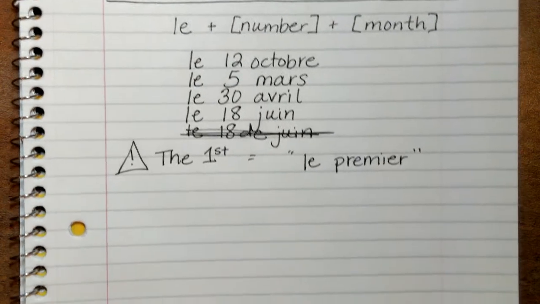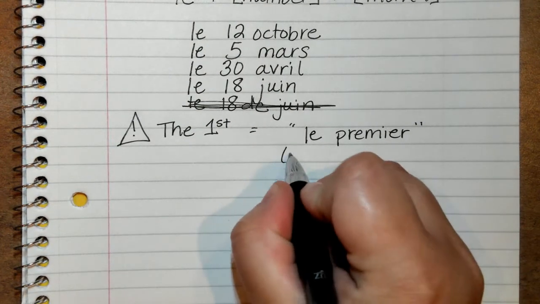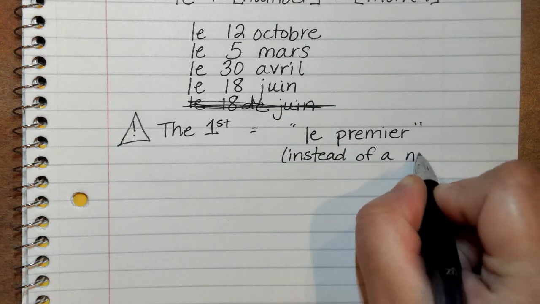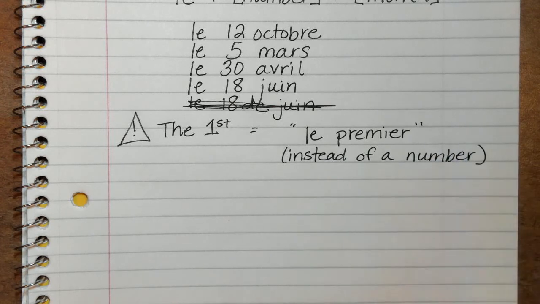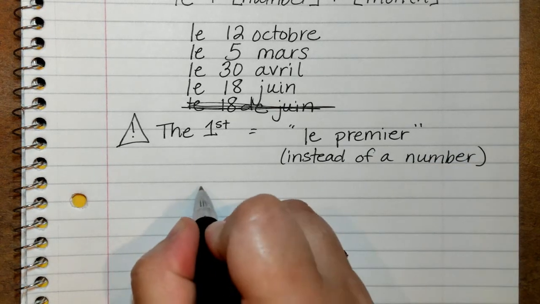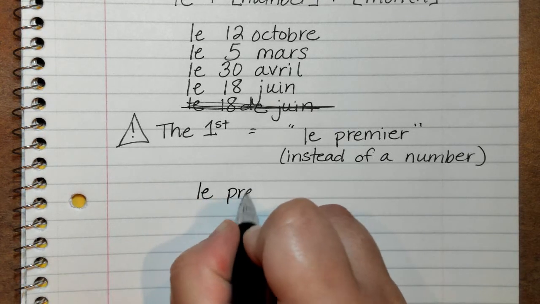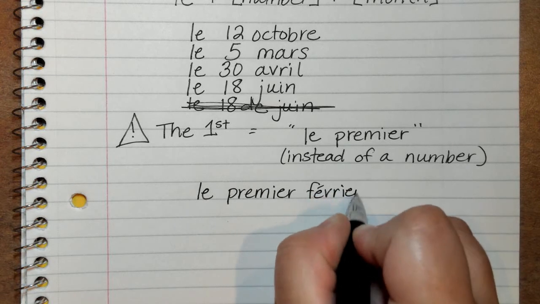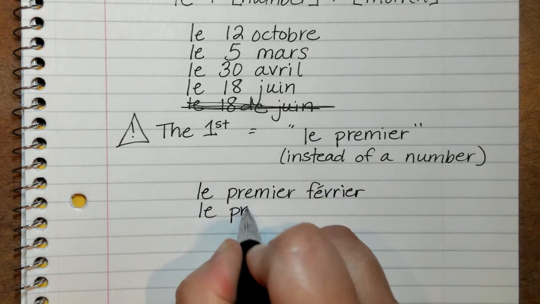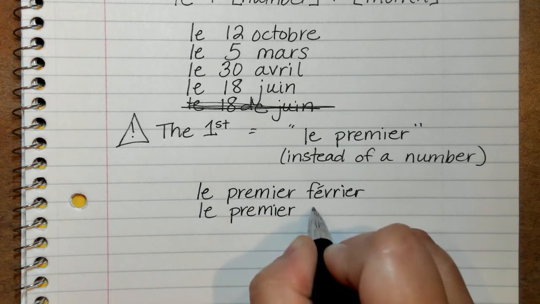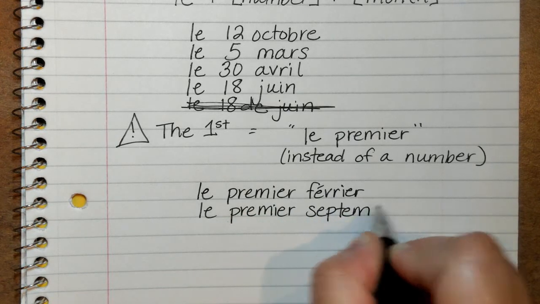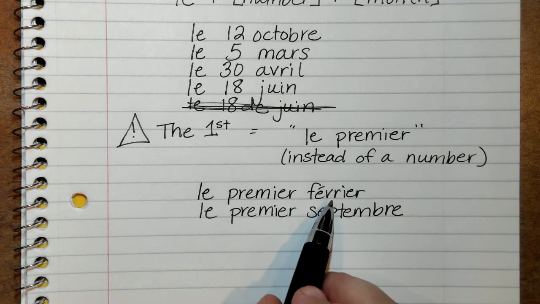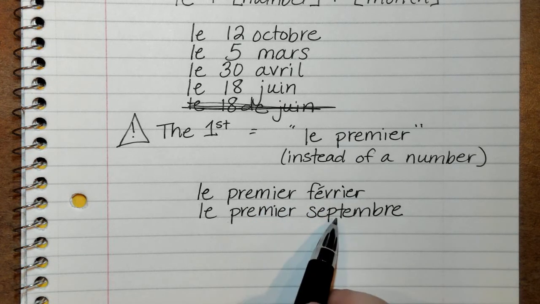So for example, instead of a number, we could say le premier février or le premier septembre, the 1st of February, or February 1st, the 1st of September, or September 1st.